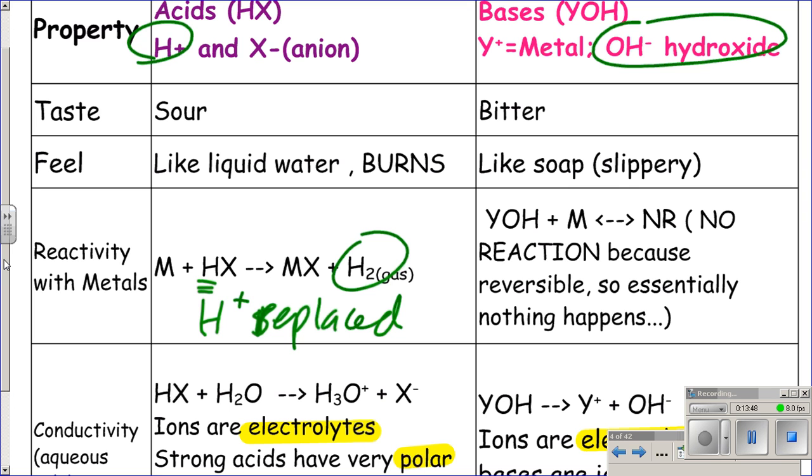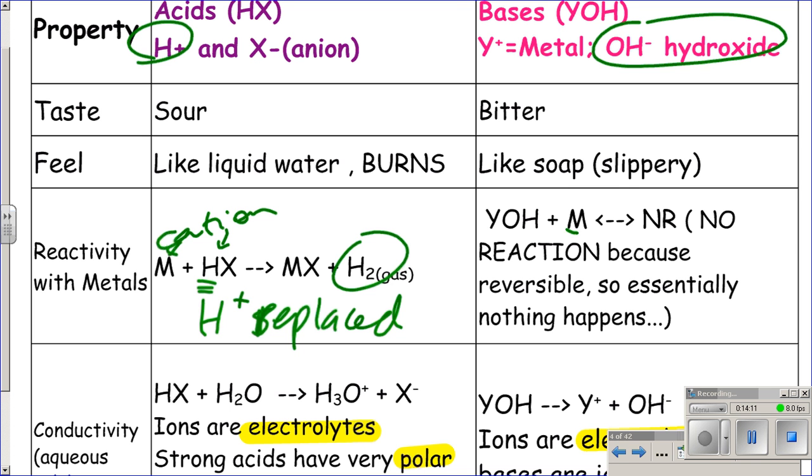Bases are different when they react with metals. They just don't. It's easy to see that an acid can react because metal is a cation. Metals commonly form cations anyway. Cation replaces cation. That's why that can be replaced. With bases, the basic part of a base is not the cation, it's the anion.